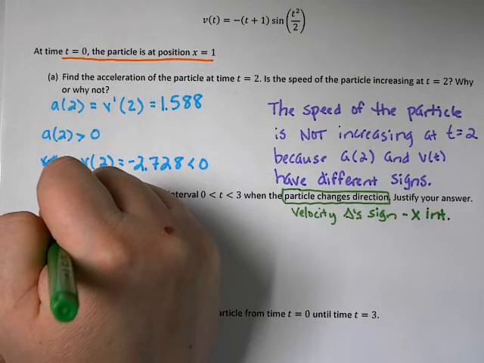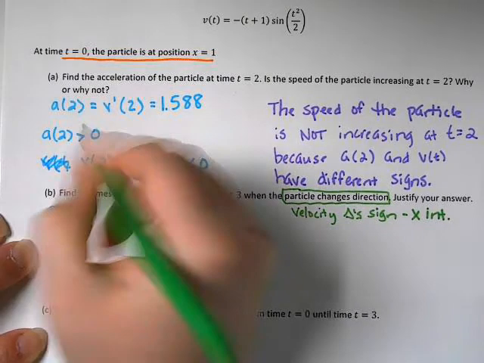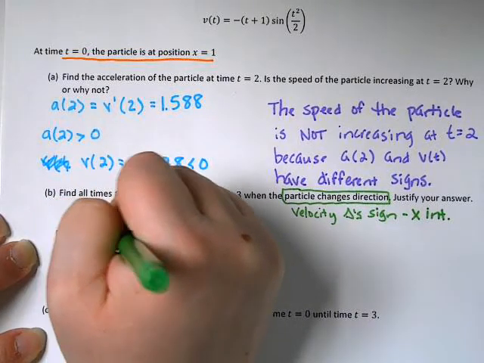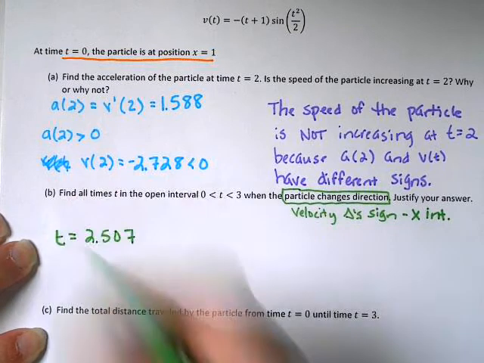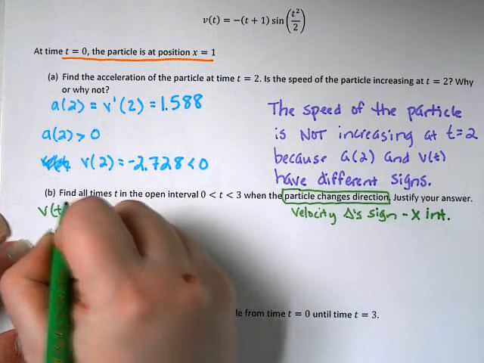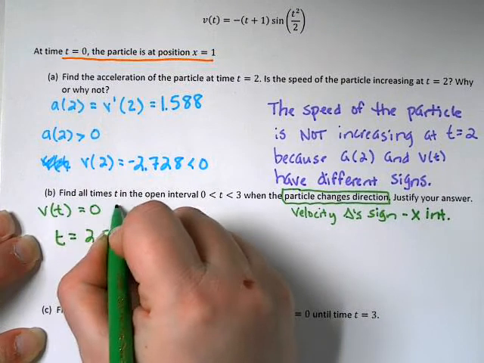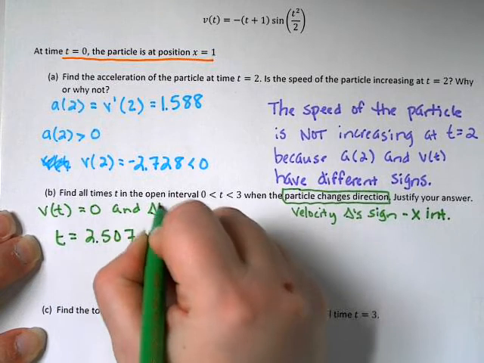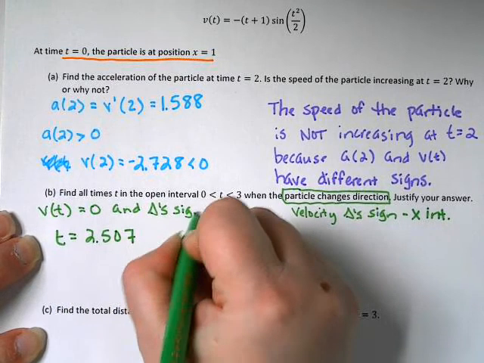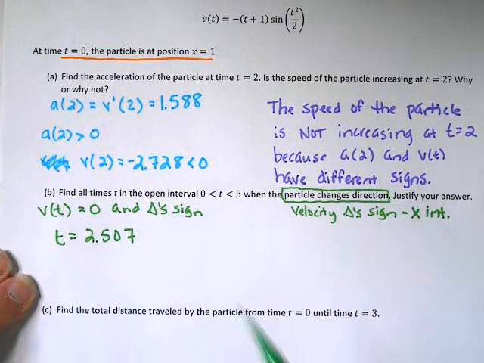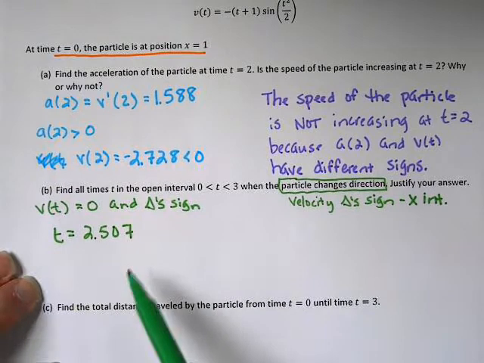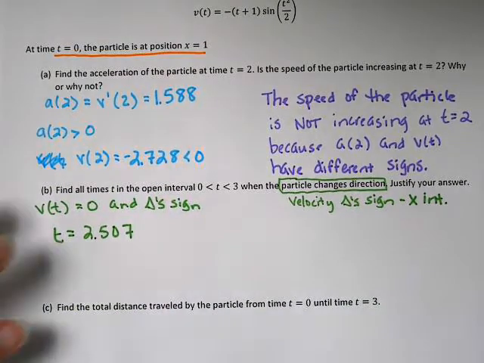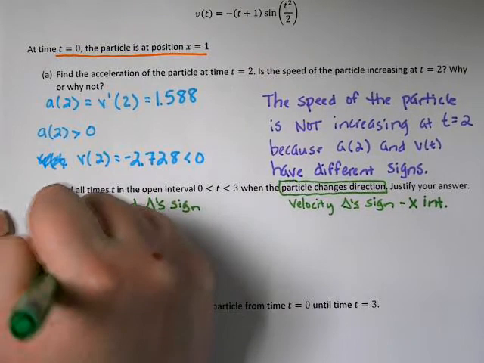So t equals 2.507. So again, we did where the velocity is equal to 0 and changes sign. I know we wrote it over there, but just to help us out here. So at time t equals 2.507, the particle changes direction.